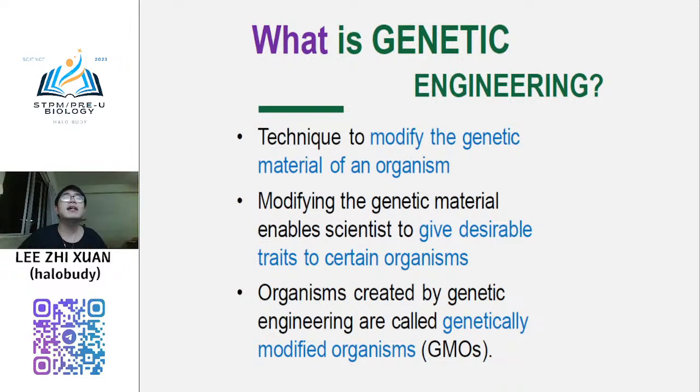It has many names. Genetic engineering is the technique to modify the genetic material of an organism. As we know, the genetic material in one organism is already fixed. For example, all humans have almost the same genetic material, like the chromosome number.